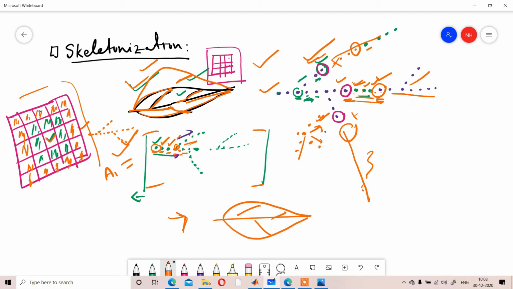Then you have to change the iteration where the iteration was stopped. Means at the position 4 the iteration was stopped, so you have to change the iteration and you have to change the number of neighborhood.